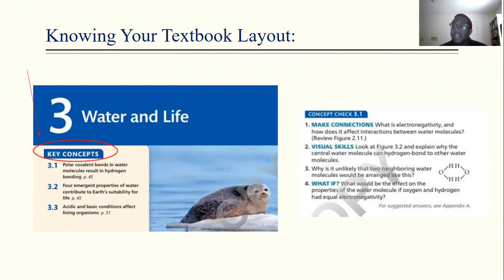This means that within each section of this chapter, a key concept on the topic of water and life is discussed. We can see that for Chapter 3, it's separated into 3 sections or key concepts: polar covalent bonds, 4 emergent properties of water, and the acidic and basic conditions that affect living organisms.